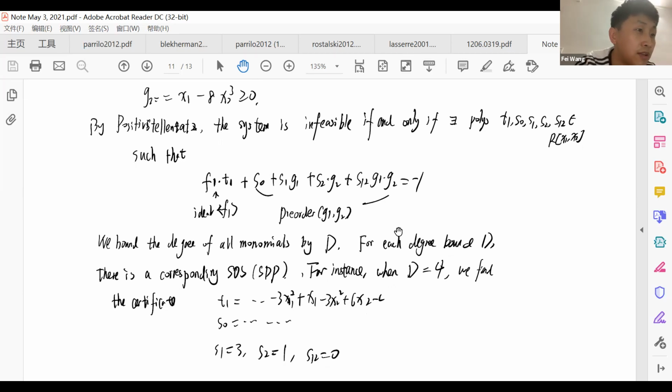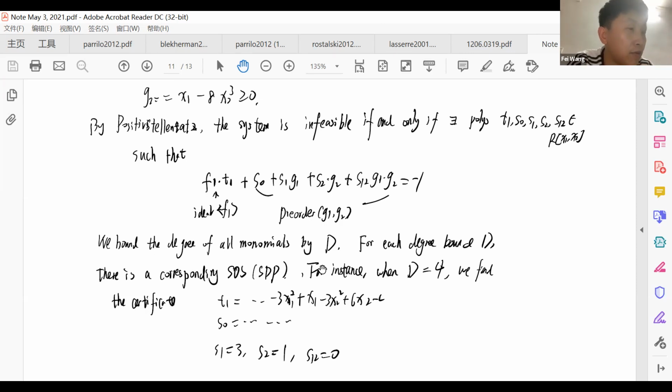First we need to bound the degree of all the monomials by D. So the degree bound is given by capital D. All these monomials, F1 times T1, degree S0, degree S1, G1, all these five terms, the degree of the monomials on the left hand side is bounded by the capital D.